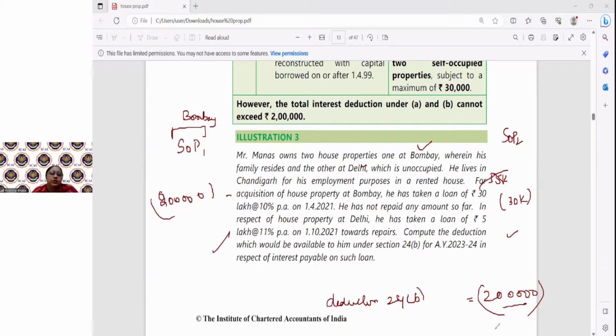The total interest deduction under section 24B for both the houses is restricted to 2 lakhs.